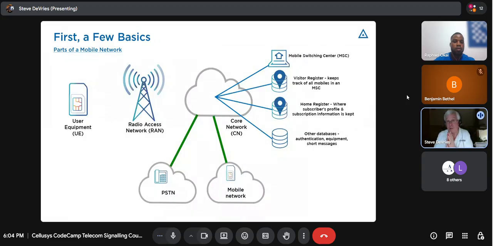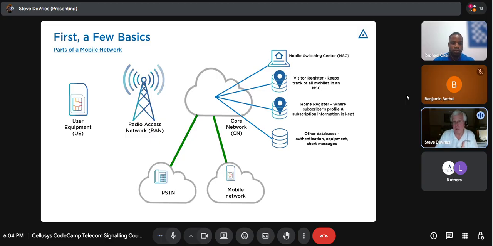So let's go to the home register first. The home register is your central repository for all of your subscription information, plus it knows the switch where you're currently located. Very important device.